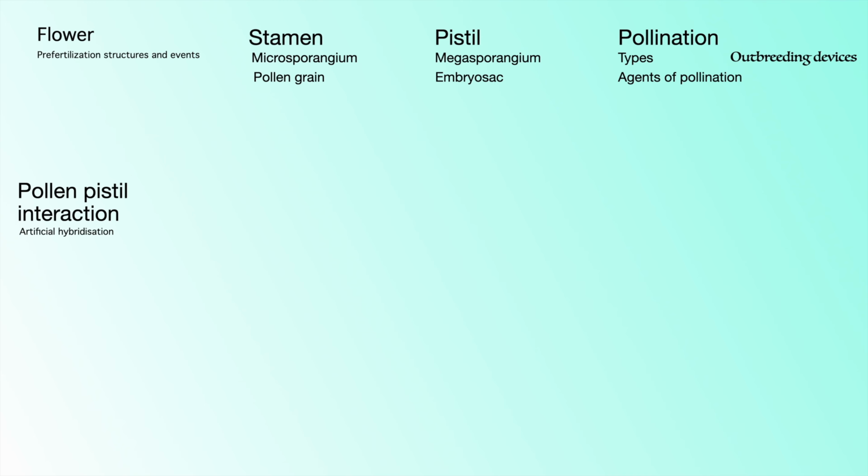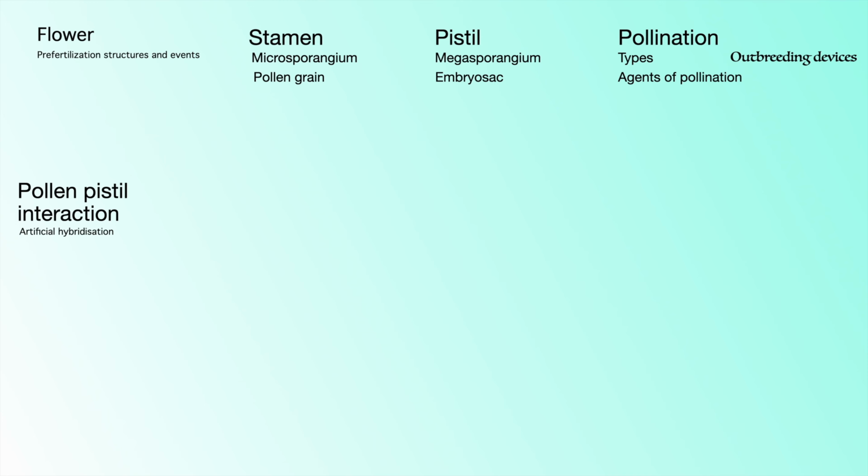So, control of the pollen pistil interaction by human beings and producing the desired plants is called artificial hybridization. Here, artificial hybridization is used to get the desired characters from two plants. First, here we use desired pollen grains.